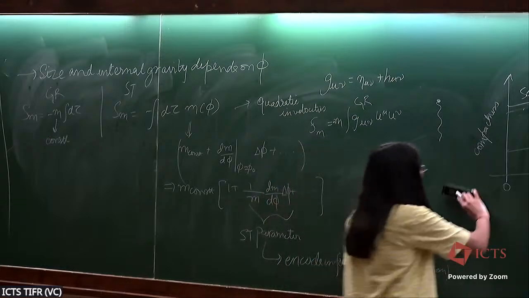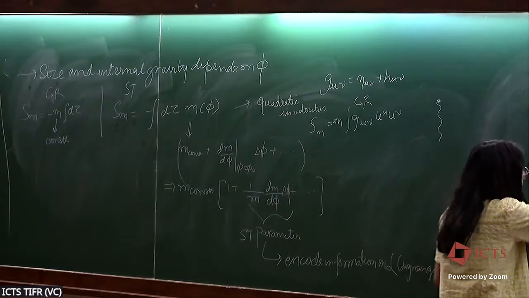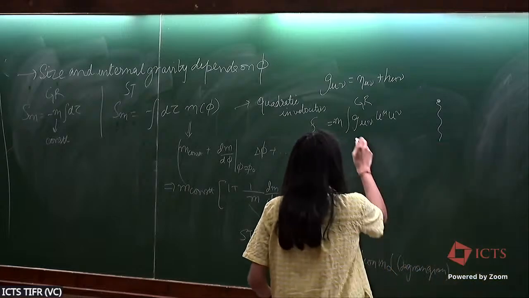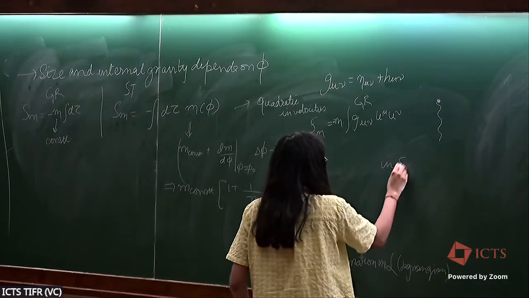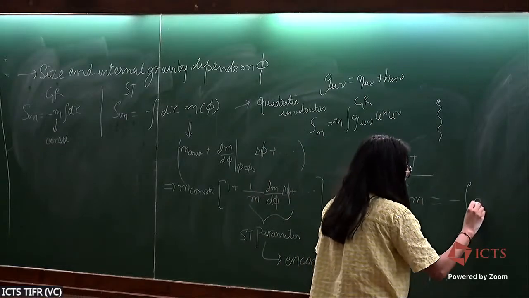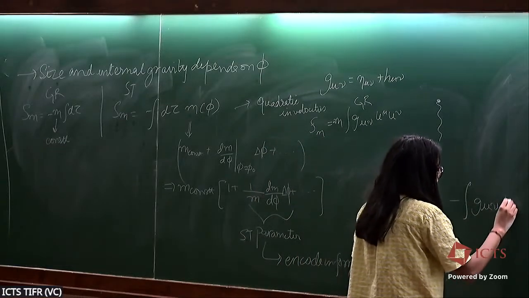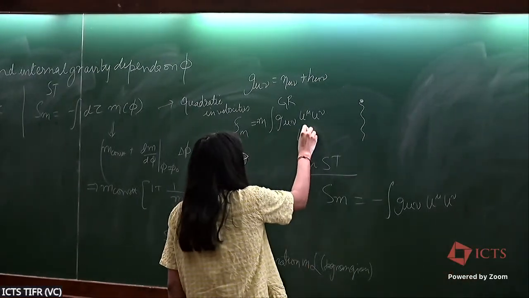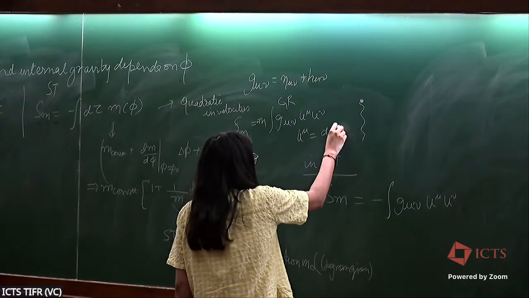So this in scalar tensor implies, where u was the four velocity defined as dx.